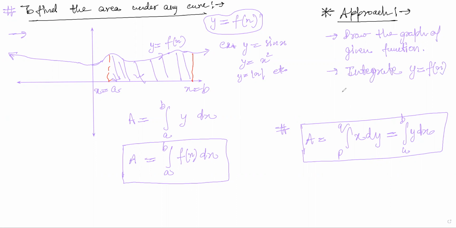So integrate y is equal to f(x) within the given limits. So the area would be the integral of f(x) dx from a to b. Now this function can also be given as x is equal to f(y), but that is nothing different. We will discuss that as well.